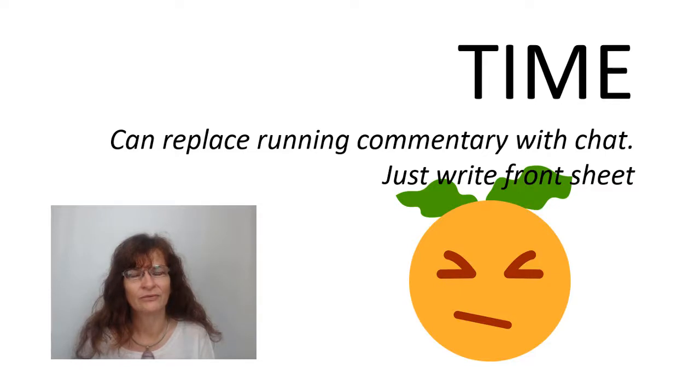And I think that if the trainees want to look at what a running commentary was, they can look at the chat. And if an assessor wanted to look at this afterwards, they could too. So that's not a problem, I think. And it was really fine just to have a front sheet and then use the chat room as a running commentary.